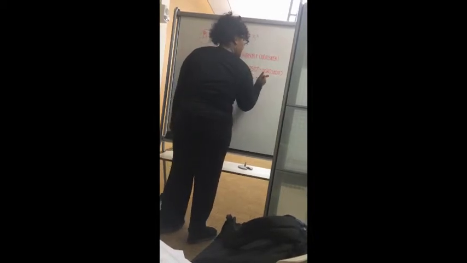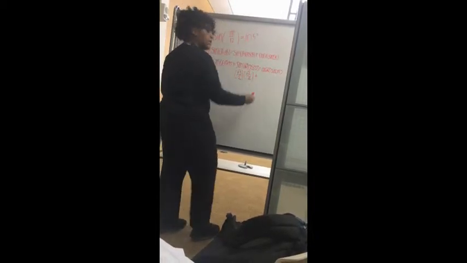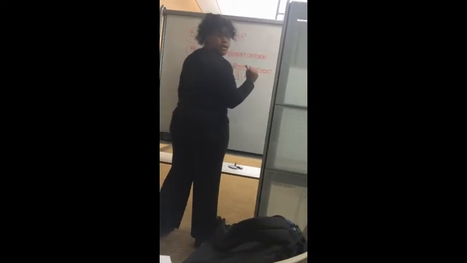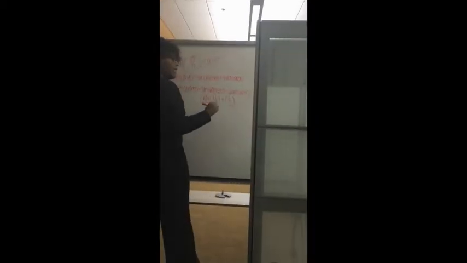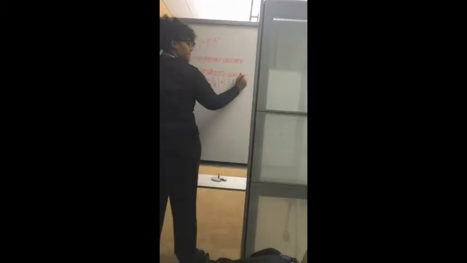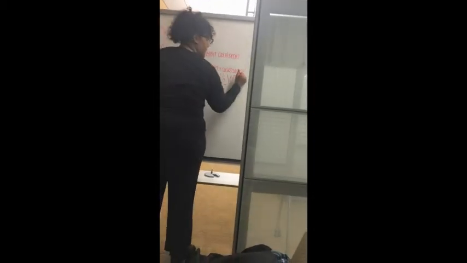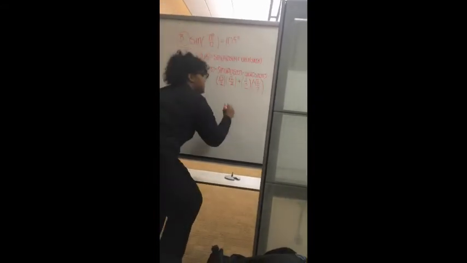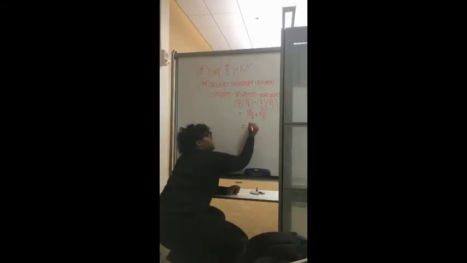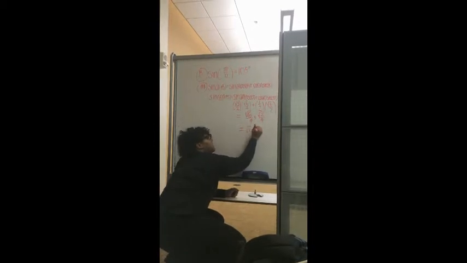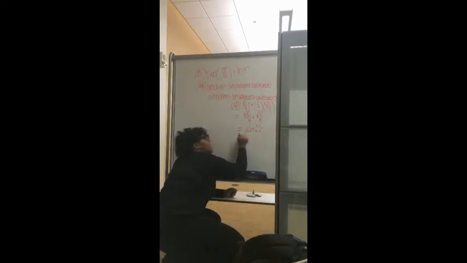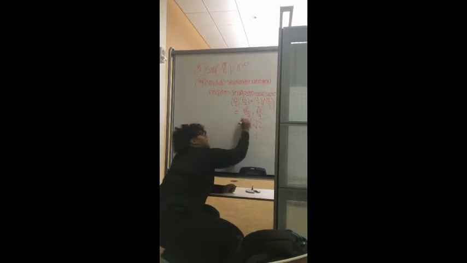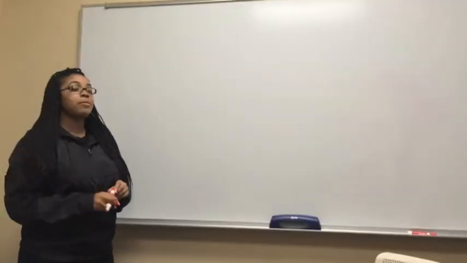And then plus cosine 60 is 1/2, and then sine 45 is the square root of 2 over 2. And I needed to reduce it. Your answer is the square root of 6 plus the square root of 2 all over 4. This is your answer.